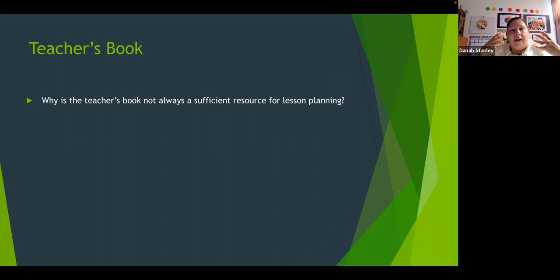But do you consider that these suggestions are enough, and these 3 or 4 photocopies that you have as an extra in your teacher's book are enough to make a very nice and complete lesson plan?